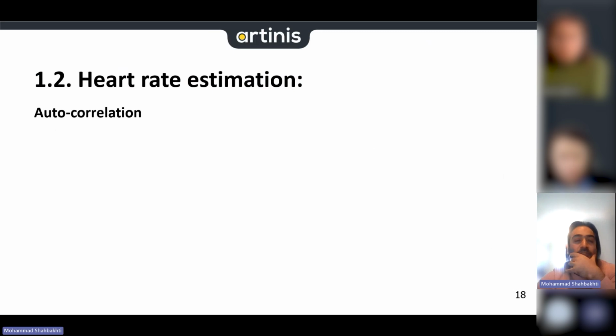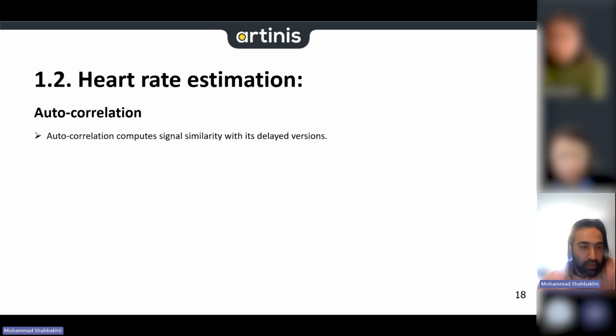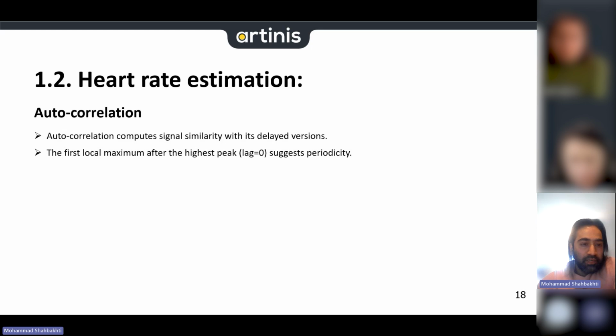The second method you can use is autocorrelation. Autocorrelation calculates signal similarity with its delayed version, right? So we can expect that the first local maximum after the highest peak, which is lag 0, suggests periodicity.